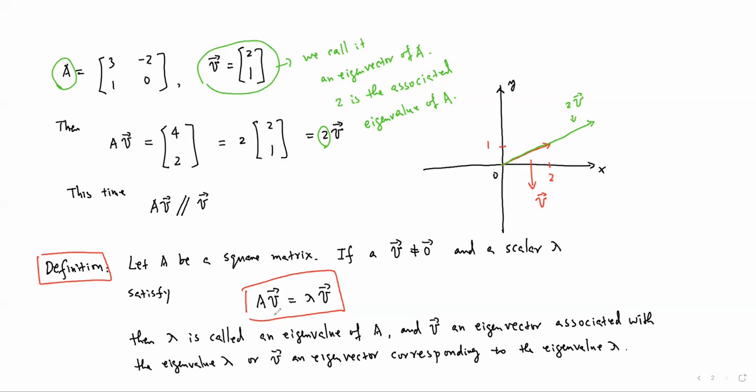If this equation is true, then the scalar is an eigenvalue and the vector is an eigenvector. Always keep the definition in mind. About this definition, let me make some remarks.